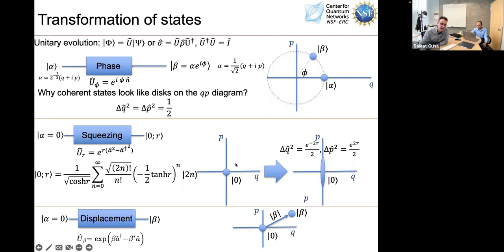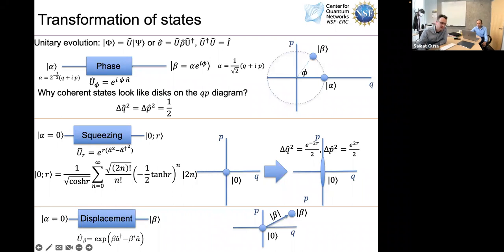Okay. Some other details I don't mention here is that the area of this disk and this ellipse are the same. And that implies essentially that unitary operators should respect commutation relations.